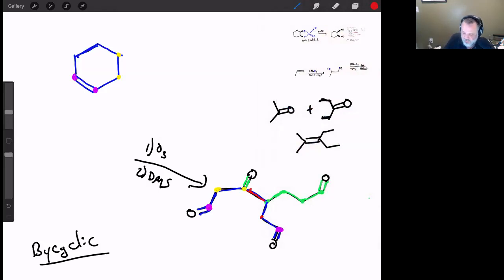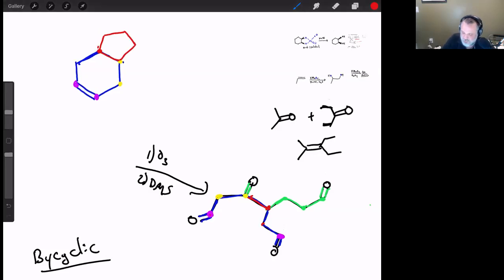And so that must be this bond here. And so it's 1, 2, 3, 4, 5. And so this atom and this atom are the same. And so that must mean that this is where the double bond is.